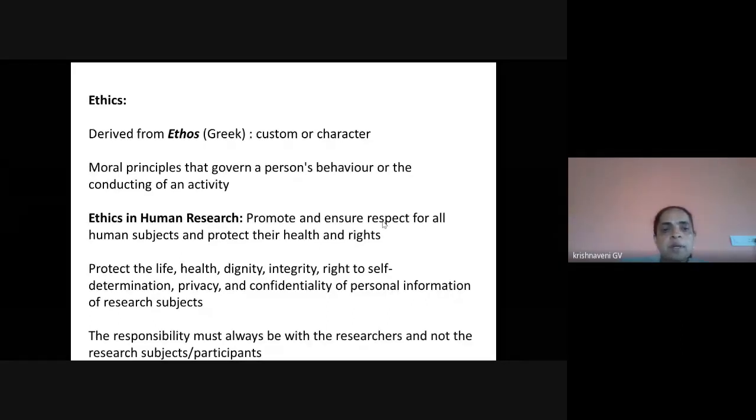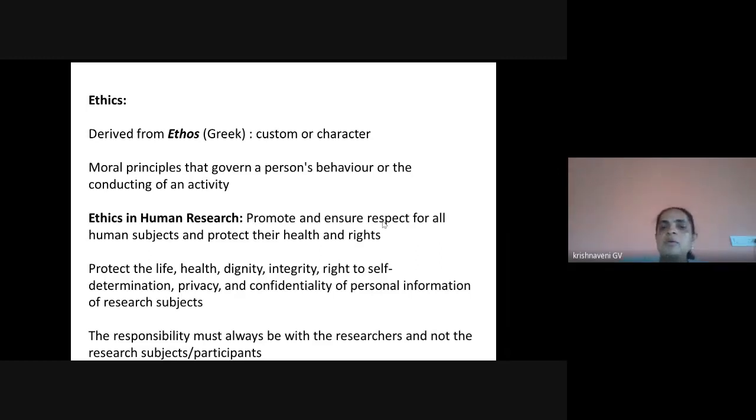So not only do you protect their health and dignity, but you also maintain the integrity of the research, so that whatever you present and whatever you find will be an utmost honest and transparent representation of what you have conducted as part of the research.